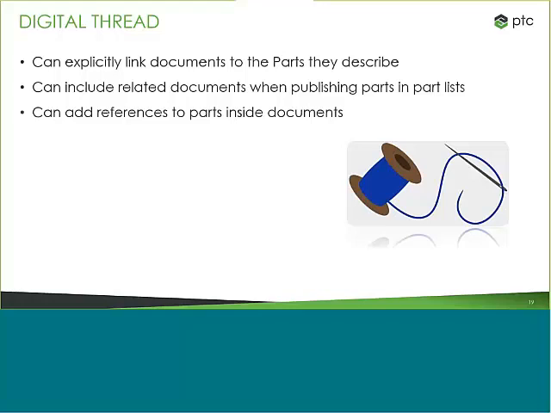The second one being the ability to include pre-existing documents when you're publishing into an in-service bundle. And again, you can set up the filter that would be appropriate for your organization. And the third capability is the ability to add references to parts right inside your XML documents.